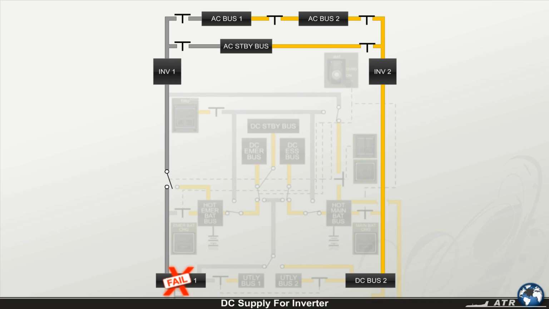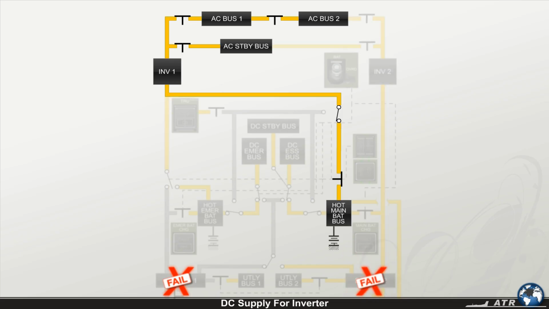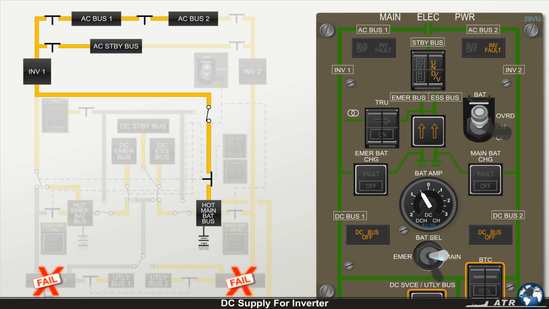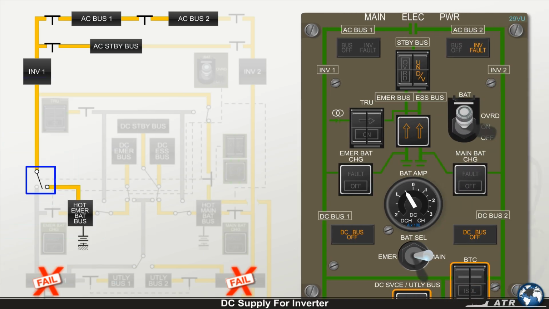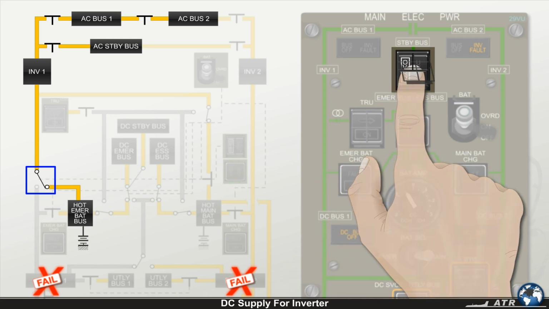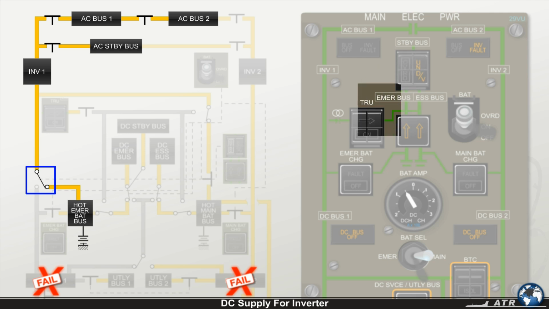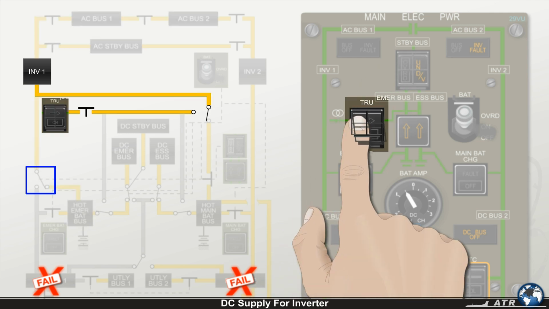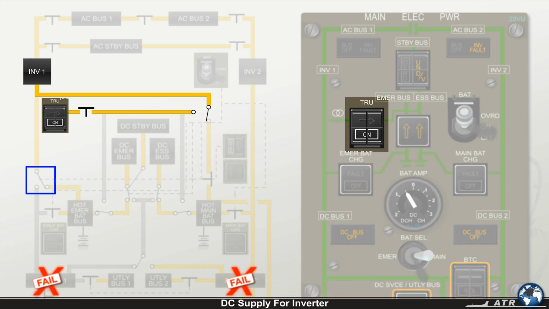If the remaining DC bus also fails, the inverter 1 will be supplied by the hot main battery bus, or by the hot emergency battery bus in case the override push button is depressed, or by the TRU when selected on. The override function will be explained in detail when we discuss the controls for the AC constant frequency system.